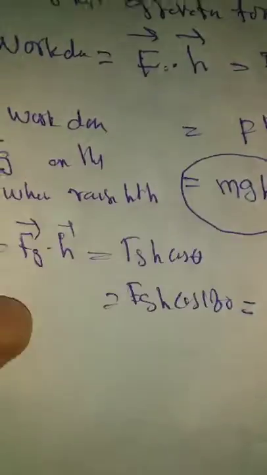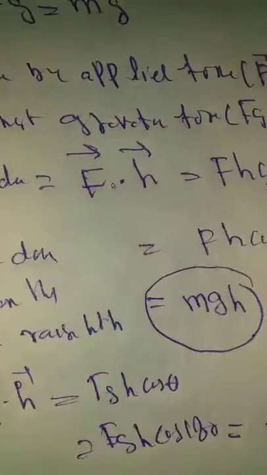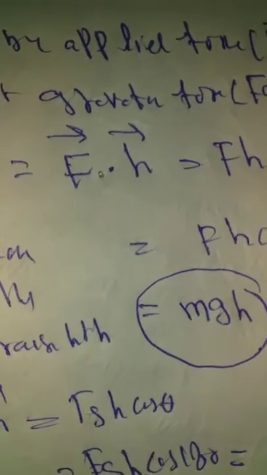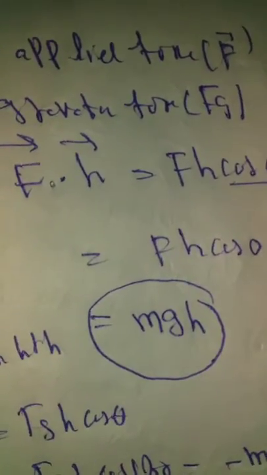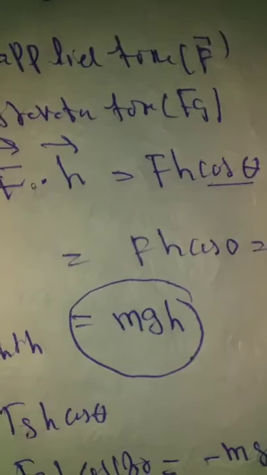This was the work done by the applied force, and this is the work done by the gravitational force. Work done by the gravitational force when it is raised to a certain height is known as gravitational potential energy.